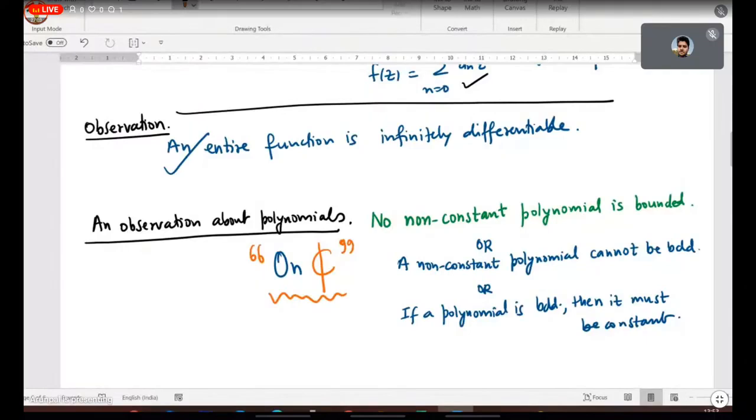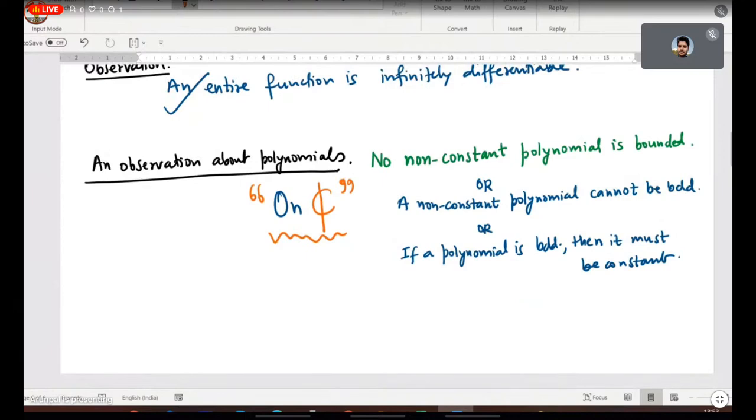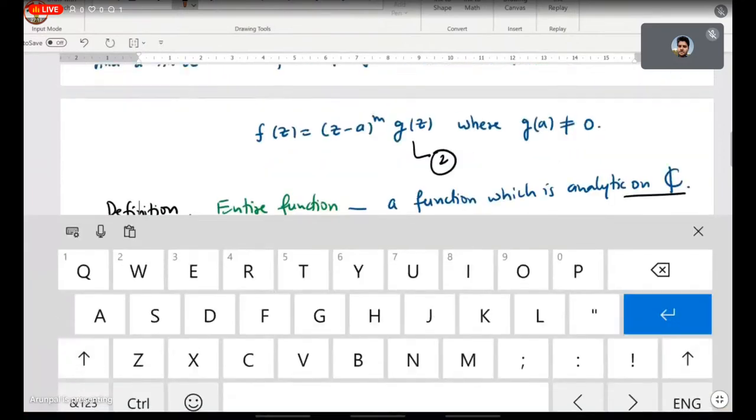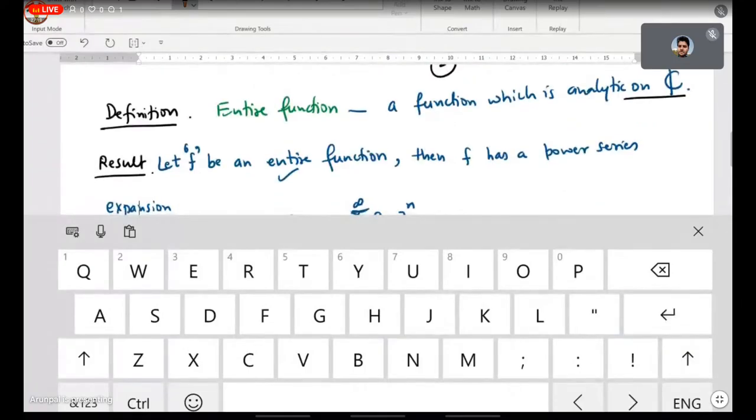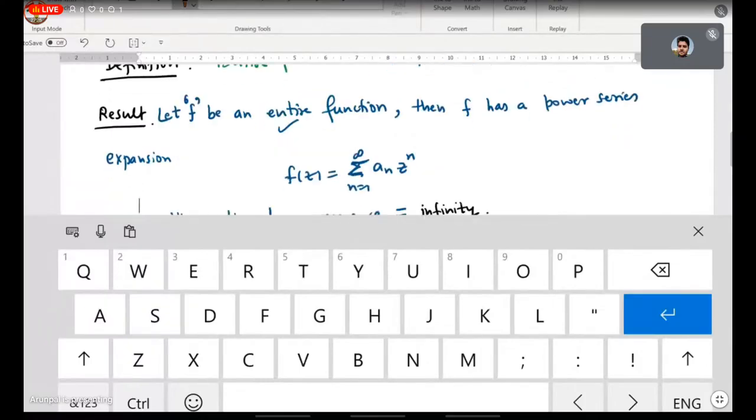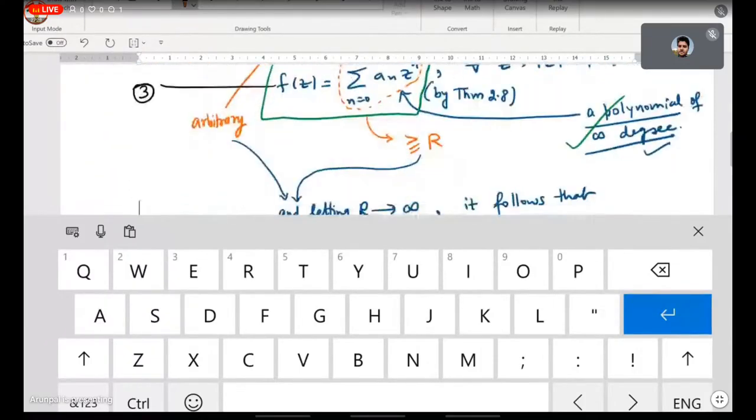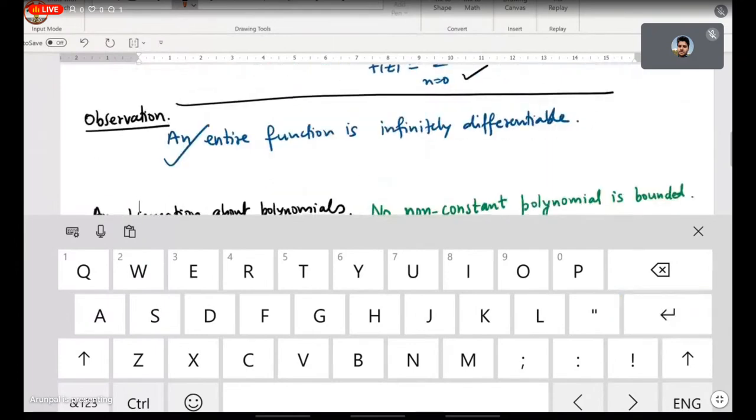So if on C a polynomial is bounded, then it must be constant. They are one and the same thing, class. So let me explain this observation to you, class, and then I will show you that this beautiful observation is being enjoyed by the entire function also.